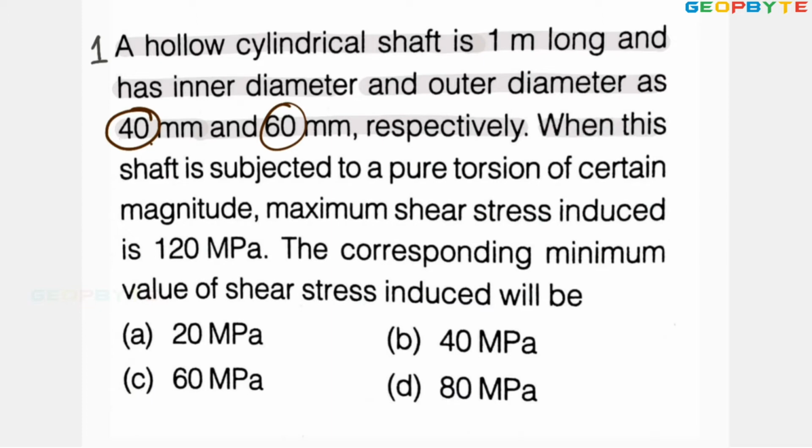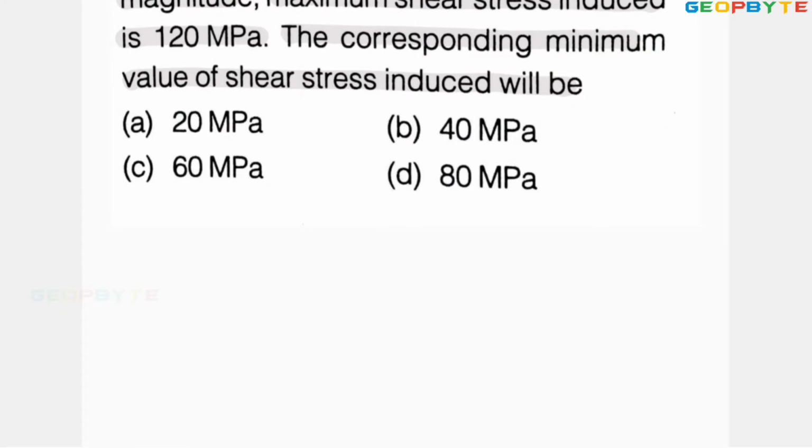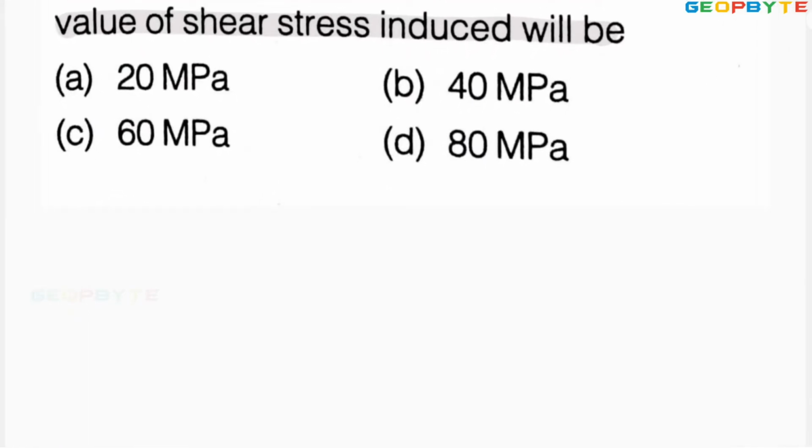When the shaft is subjected to pure torsion of a certain magnitude, the maximum shear stress induced is 120 megapascal. The corresponding minimum value of shear stress induced will be, the problem is given for a hollow shaft.